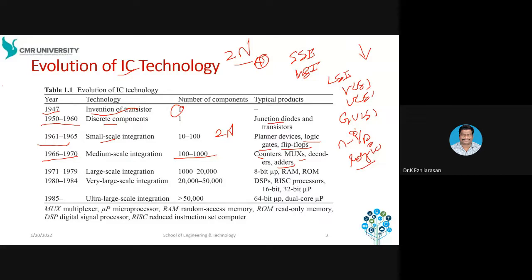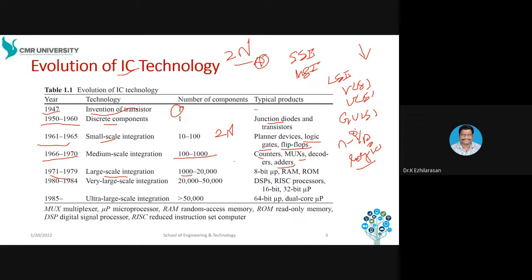Now the next category is large scale integration, that is LSI, which came in the period 1971 to 1979. From 1000 to 20,000 transistors can be accommodated in a single IC.